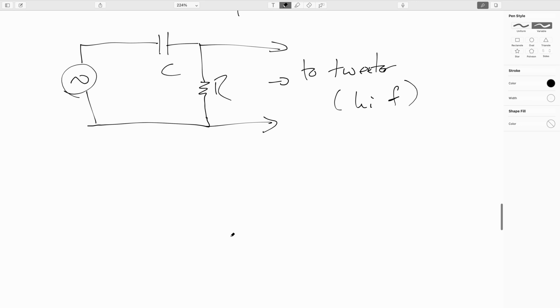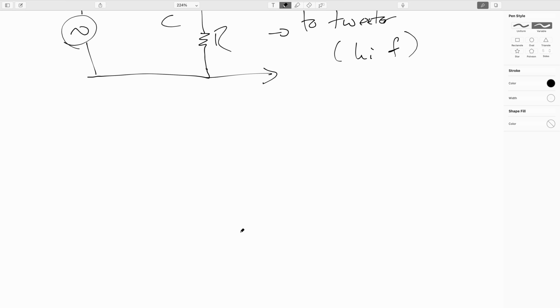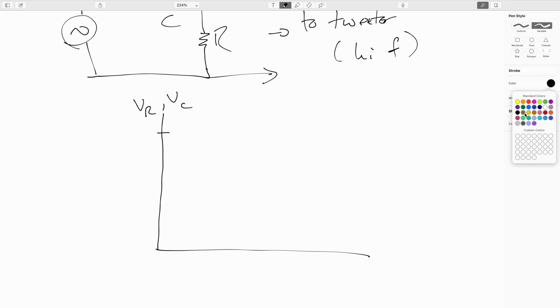So if you plot this out, we're just plotting both the voltage across the resistor and the voltage across the capacitor here. Our low-pass filter will fall off something like this.